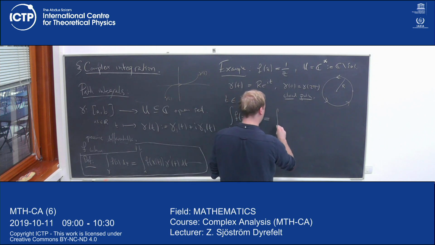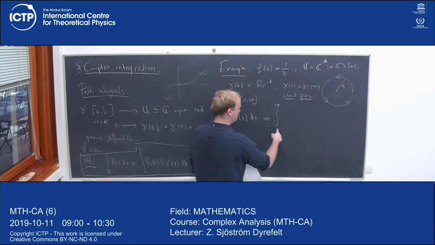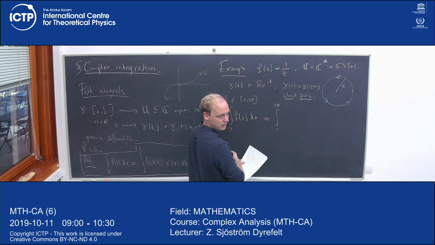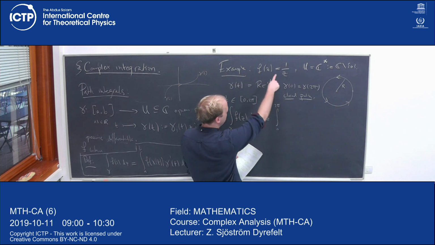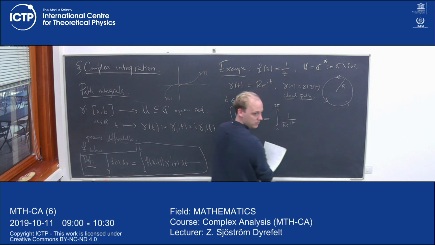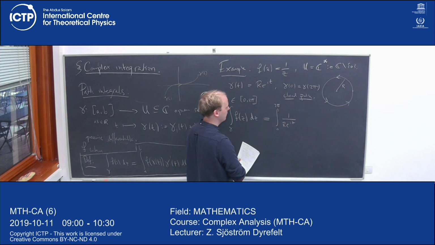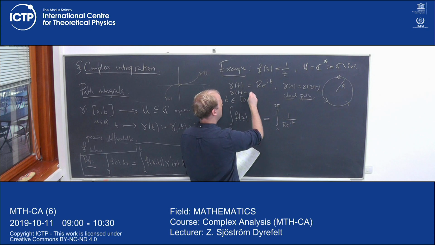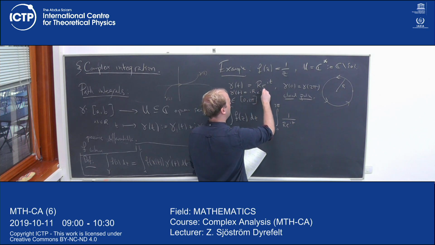So this integral is equal to, now we look at the definition that is down here. So it is equal to the integral from 0 to 2 pi of f of gamma of t. Okay, so what is f of gamma of t? It's 1 over r e to the it, because f was 1 over z, times gamma prime of t. So gamma prime of t is equal to i r e to the it.